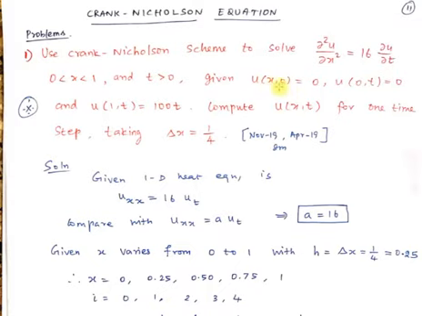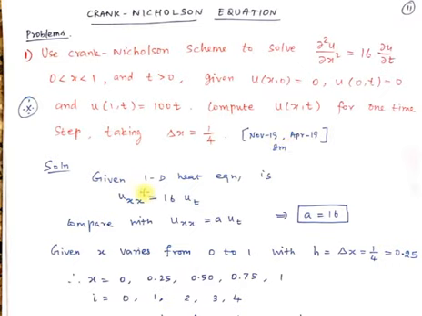The boundary conditions are u(0, t) equal to 0 and u(1, t) equal to 100t. These two are boundary conditions. Compute u(x, t) for one time step, taking del x equal to 1 by 4. This question was asked twice, November 19 and April 19, for 8 marks.